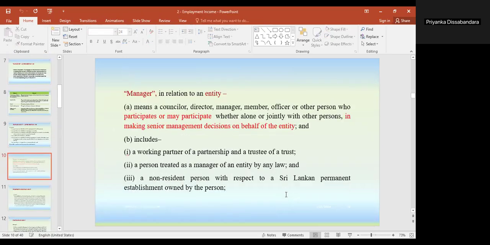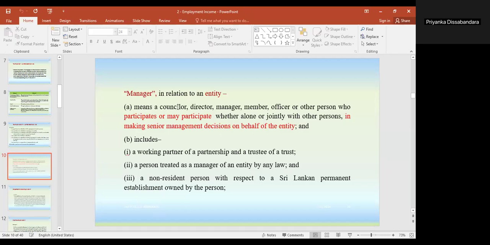Then the manager. For the term manager, we have a definition. Manager in relation to an entity means a counselor, director, manager, member, officer, or other persons who participate or may participate, whether alone or jointly with other persons, in making senior management decisions on behalf of the entity.